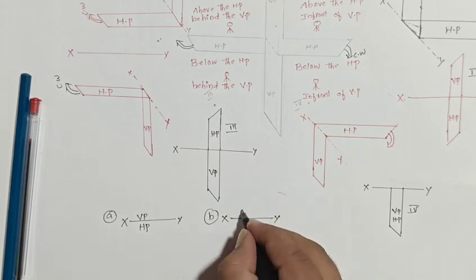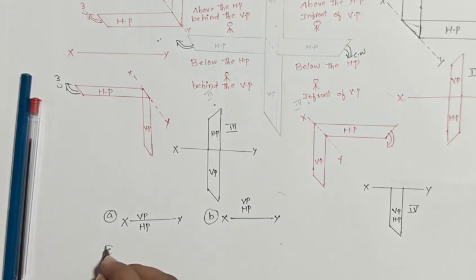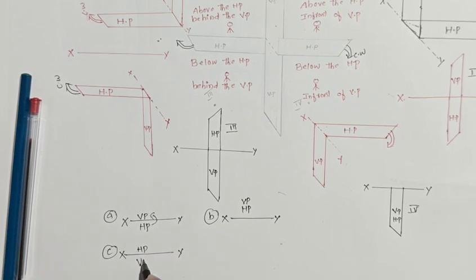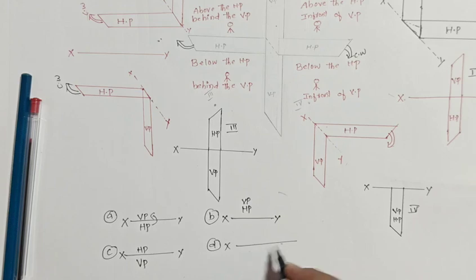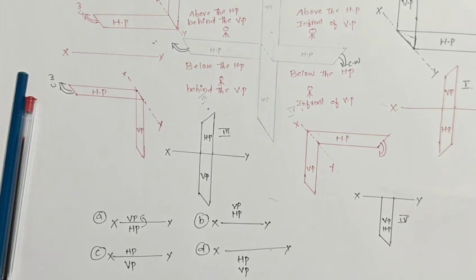HP and VP both are above the reference line. In the third quadrant, HP should be above the reference line and VP should be below the reference line. In the fourth quadrant, HP and VP both are below the reference line.